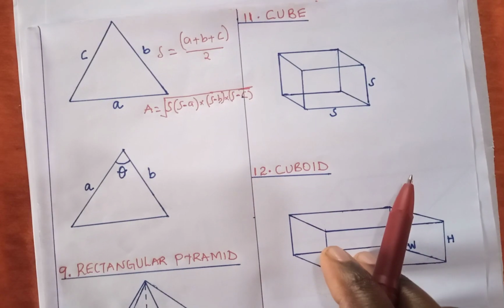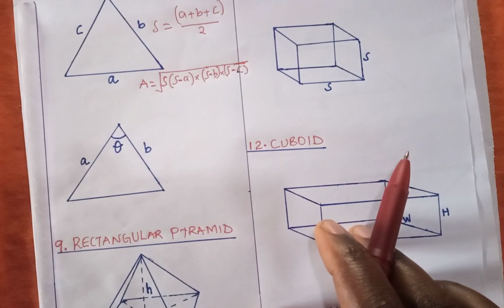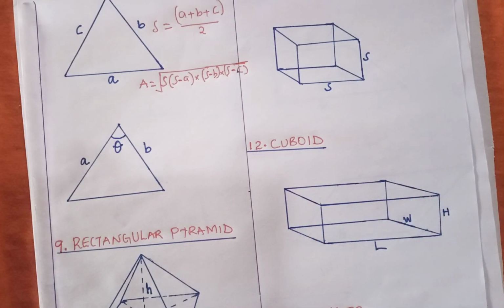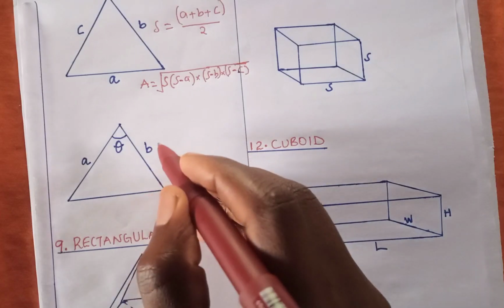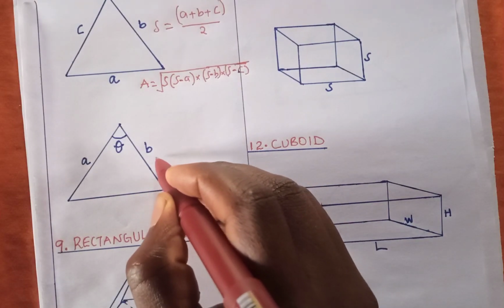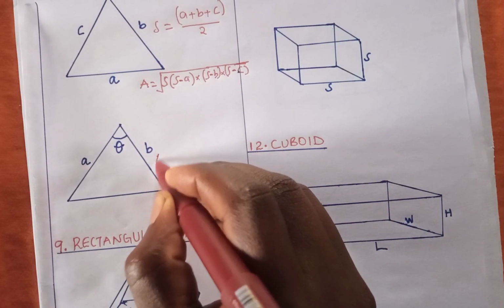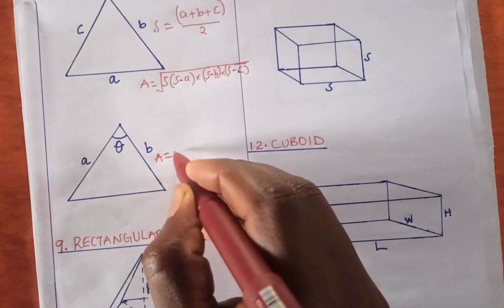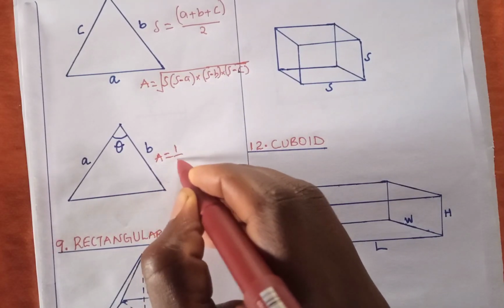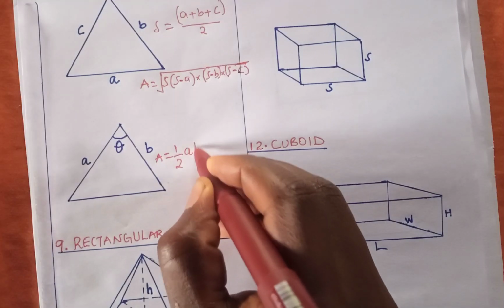The third triangle looks like this. We have been given an angle theta and the two sides, A and B. If you have a triangle like this and you want to work out its area, the area is in fact a half AB sine theta.